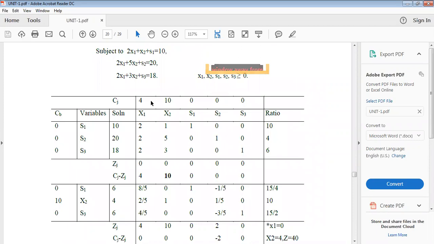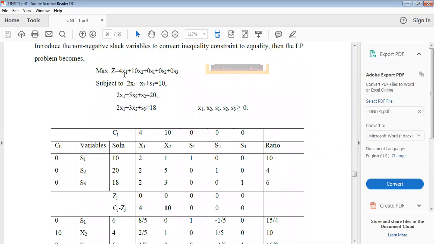Cj is 4, 10, and 0, 0, 0 for x1, x2, s1, s2, s3; the multiplication factors of the remaining are all 0. The variables are s1, s2, s3 and the solutions are 10, 20, 18.